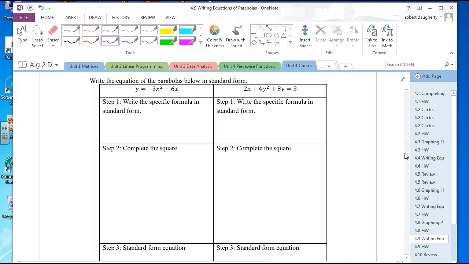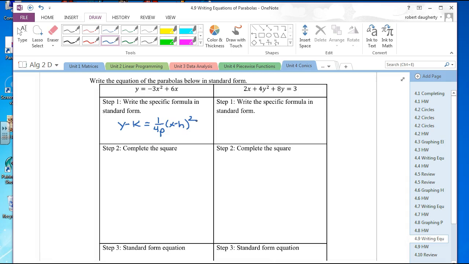So what is the specific formula for this parabola? You know, y minus k is 1 over 4p times x minus h squared. That's what I need to get it to look like. So that means get the y's on one side, the linear term, and then complete the square in x.